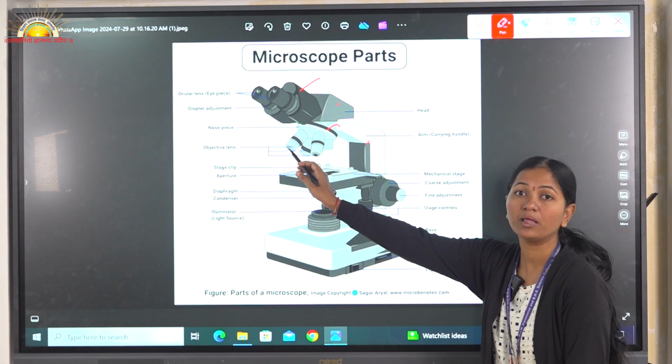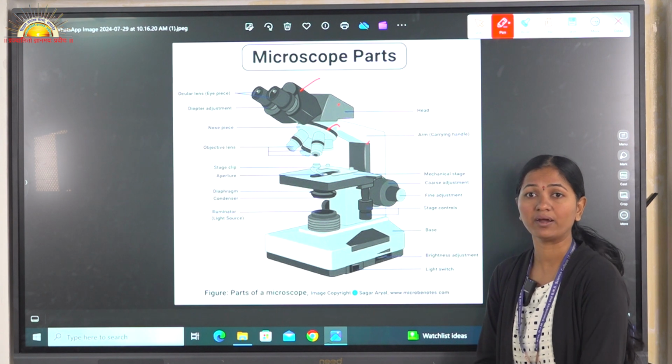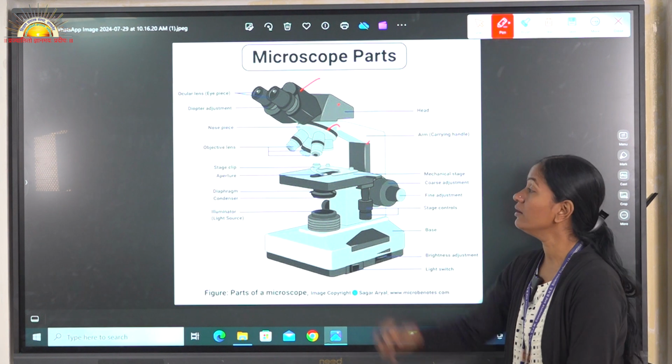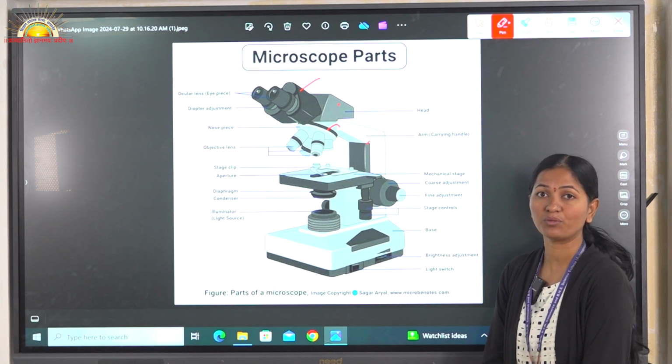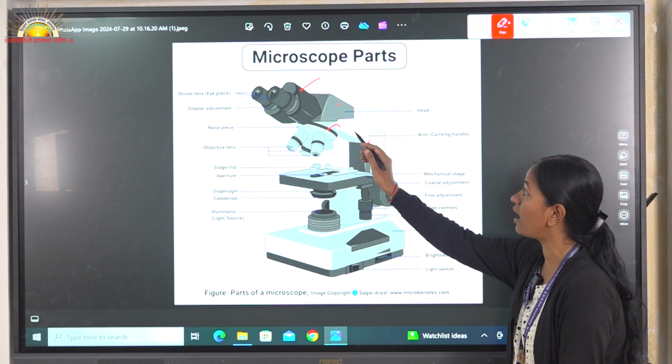Again there is an oil immersion objective, which requires oil to match the refractive index of the medium.